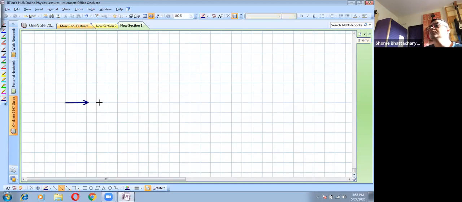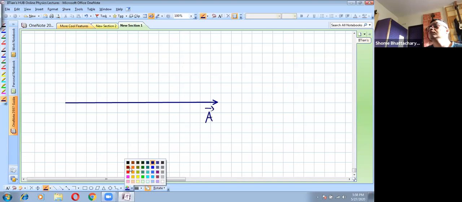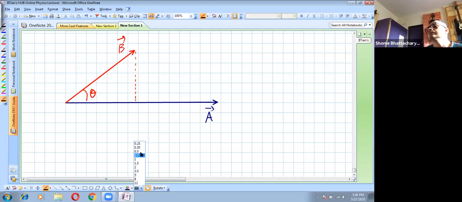You can see that this was my vector A, and this was my vector B. And this angle was theta. Now, when I drop this perpendicular here, I'll be expressing this as my parallel component.